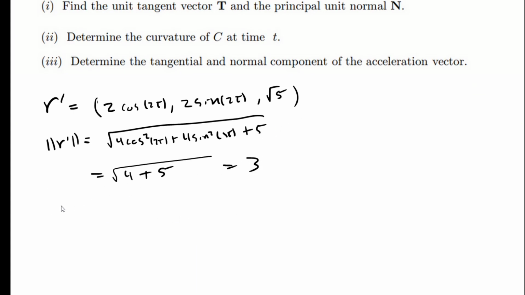So that means that the unit tangent vector is 2/3 cosine of 2t, 2/3 sine of 2t, and root 5 over 3.